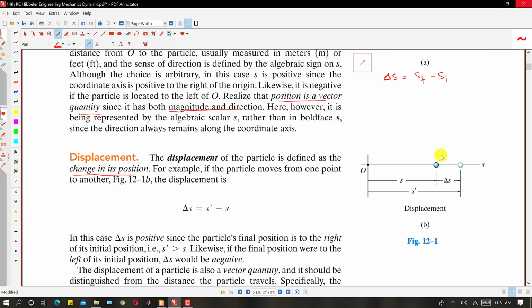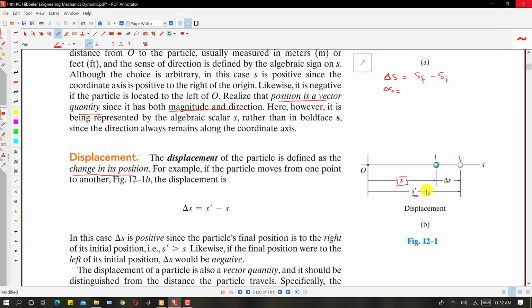So let's say that this is the particle and this particle is initially at some distance S, so this is the initial position. And then after some time this particle has reached this position. If you want to find the displacement, then displacement will be the final position.